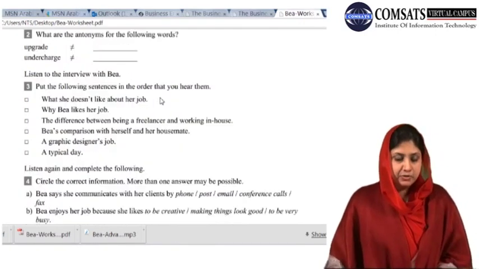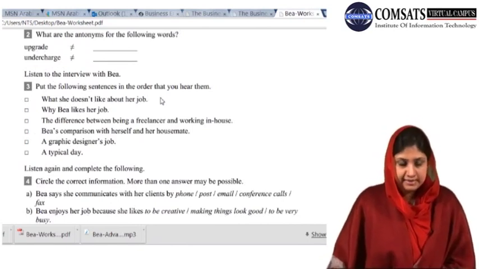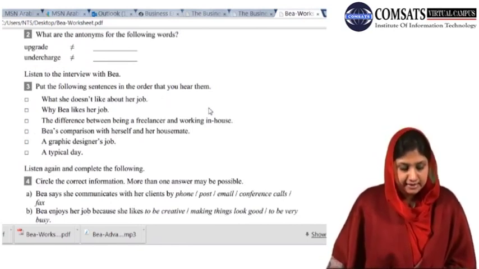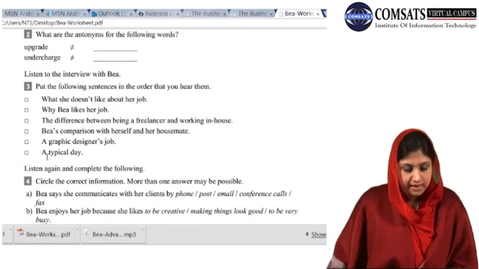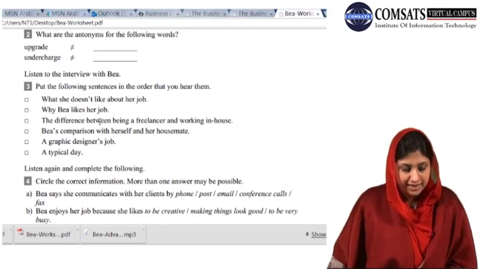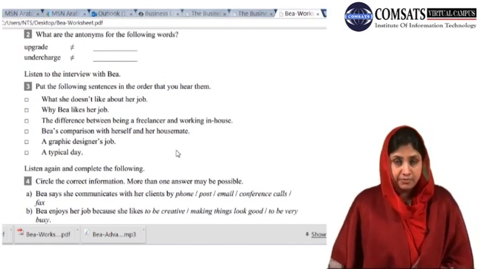Okay, so let me tell you the right order of the sentences. The very first sentence is a graphics designer's job, Bia's comparison with herself and her housemate, and then what she doesn't like about her job, then a typical day, then the difference between being a freelancer and working in-house, and then why Bia likes her job.